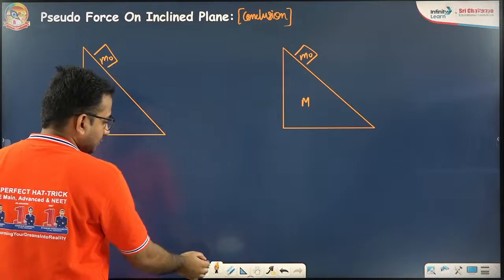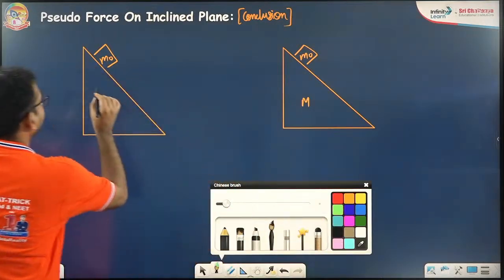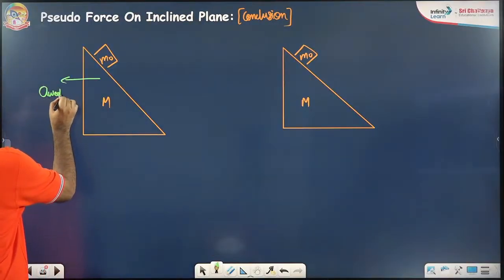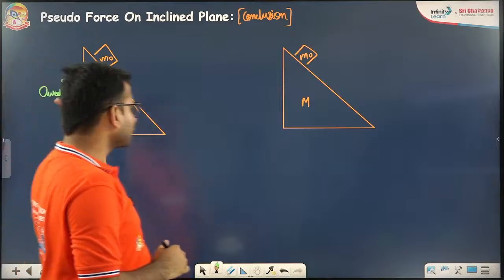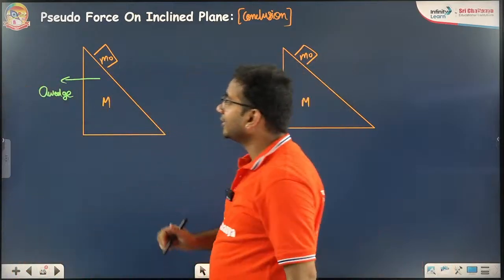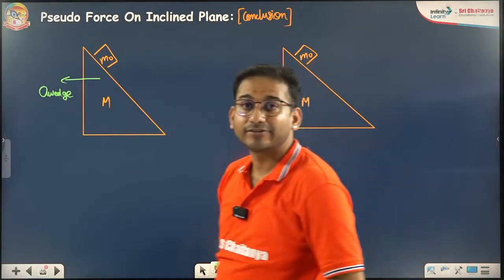So the situation is that if you are interested in removing the wedge, the acceleration of wedge is in this direction. If you are removing or disappearing the wedge, then there is a chance that this m0 will start falling under the influence of gravity alone.